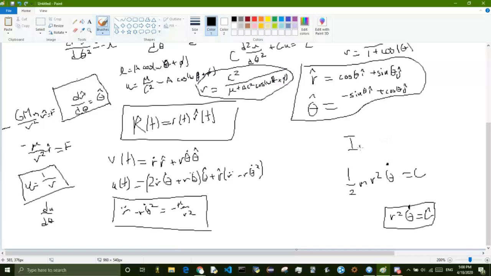It's the rotational inertia times the angular velocity. So this is saying angular momentum is conserved, which makes sense. Angular momentum is rotational inertia times angular velocity, and that is a constant.